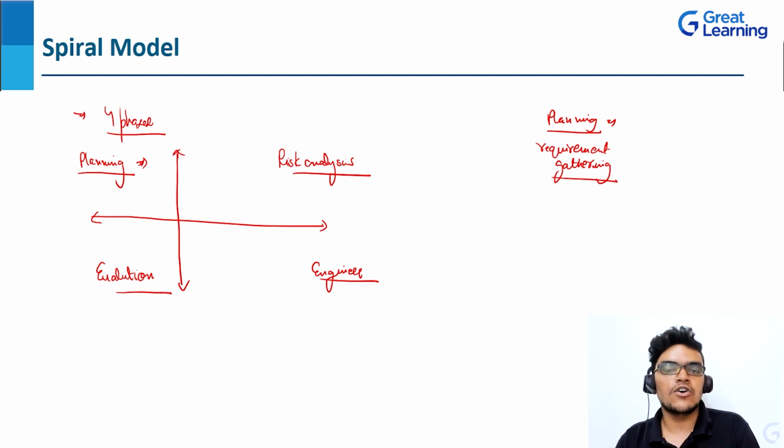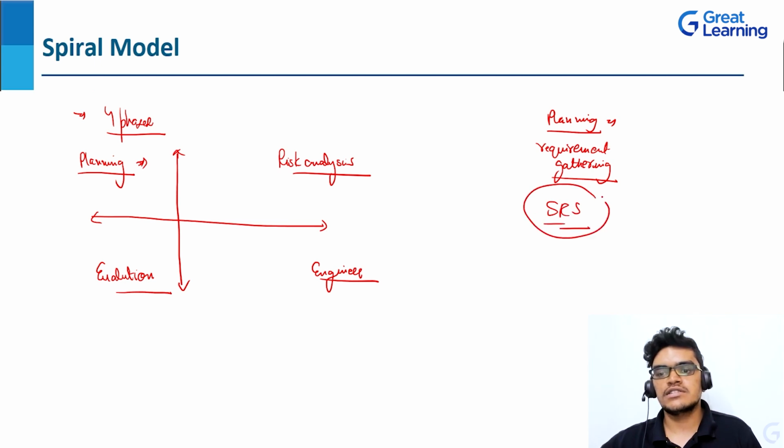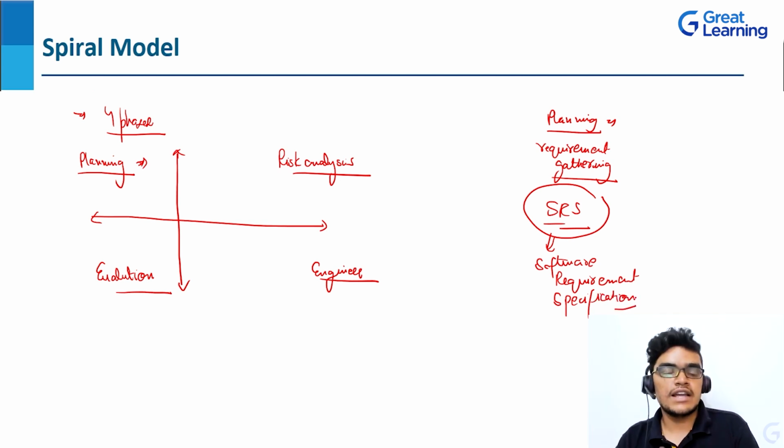And then it is well documented. The documentation is in the SRS. What is SRS? As I already told you, it's the software requirement specification. So this SRS document is created, and it is used for the next phase.